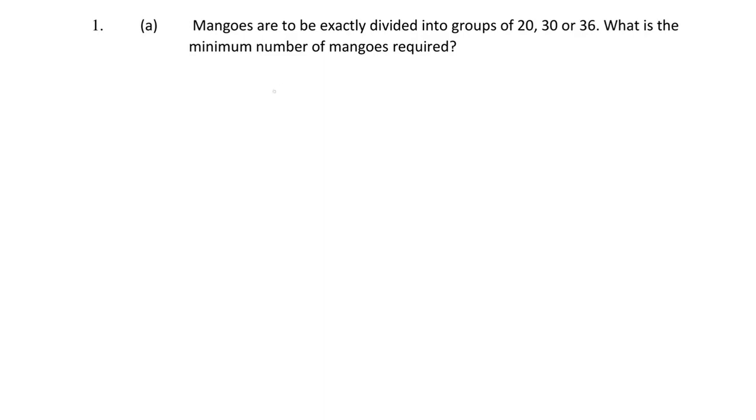So we are going to draw a table and then we are going to list the numbers given. Here we have 20, here is 30, and here is 36. First we are going to ask ourselves, what is the minimum number which can divide either of these numbers?